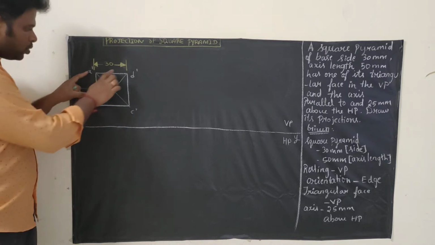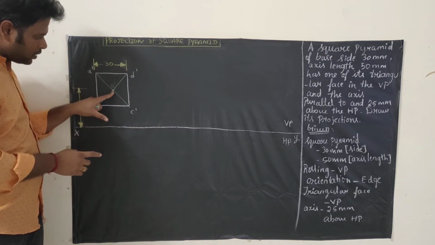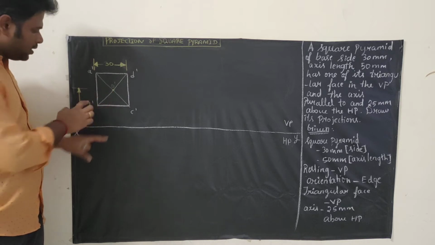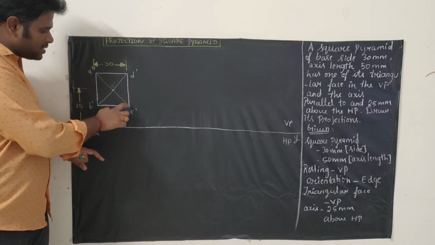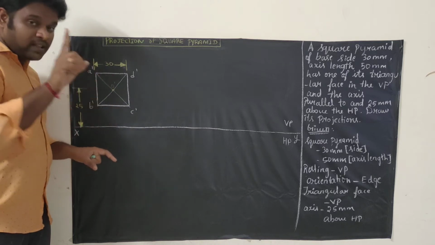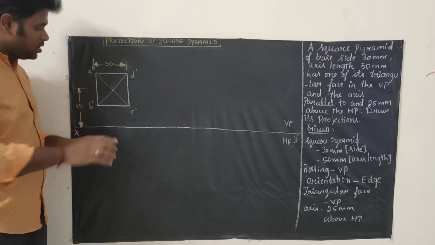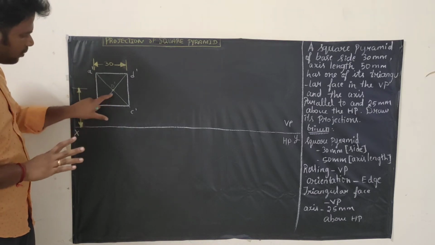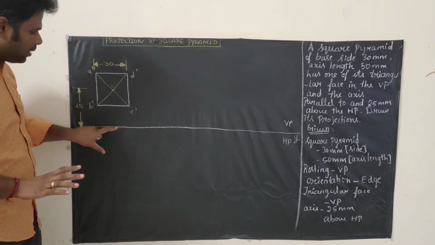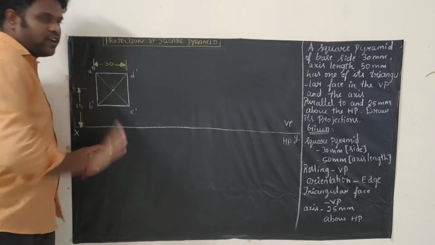So what are you going to do? You draw the square. How to mark the center? Just join the opposite corners. Join B dash, D dash, and join A dash, C dash. You will get a center point. That point is called O dash. From O dash, take 25 mm, that is 2.5 cm, and keep a dot. Then draw the reference line.